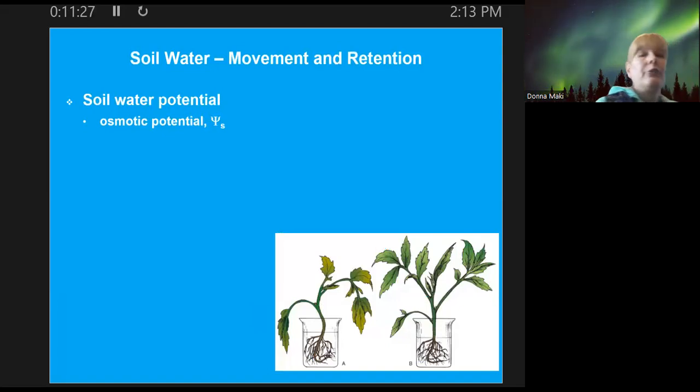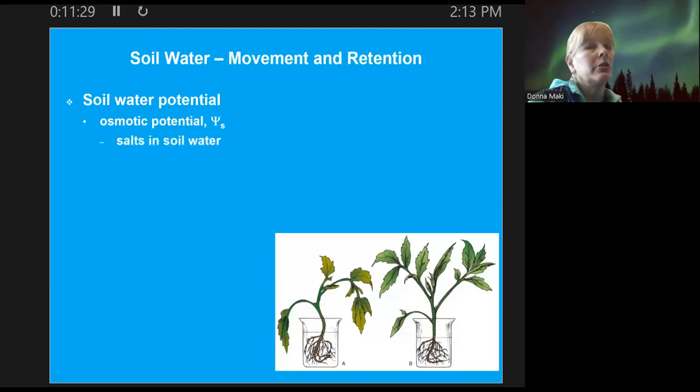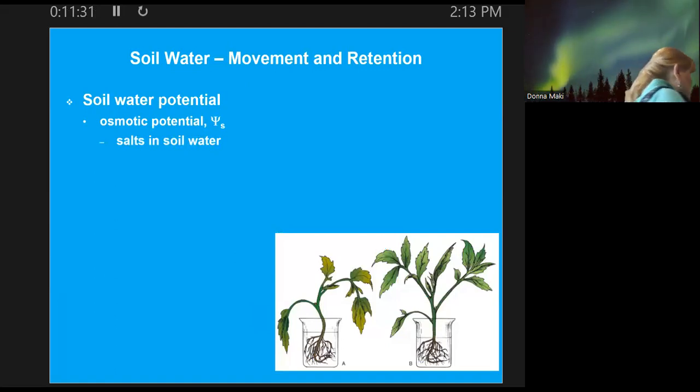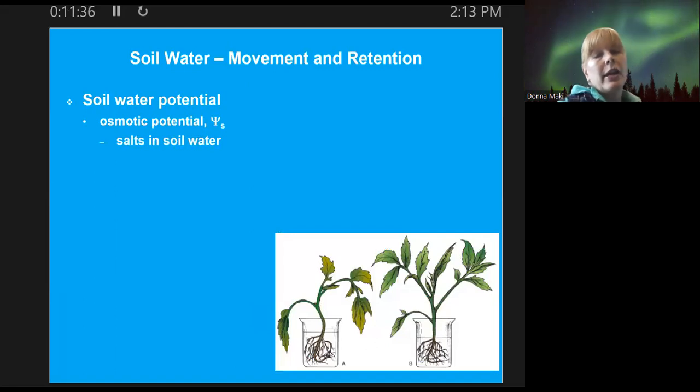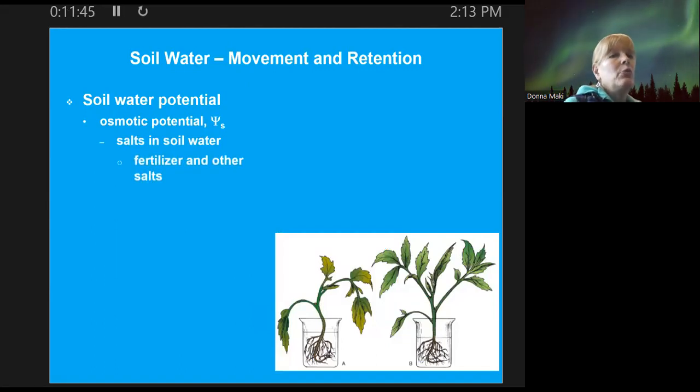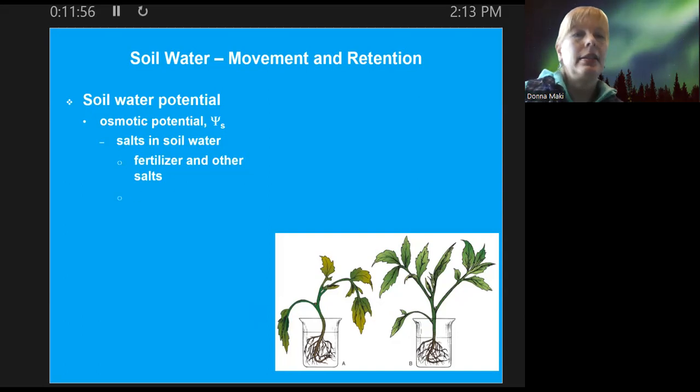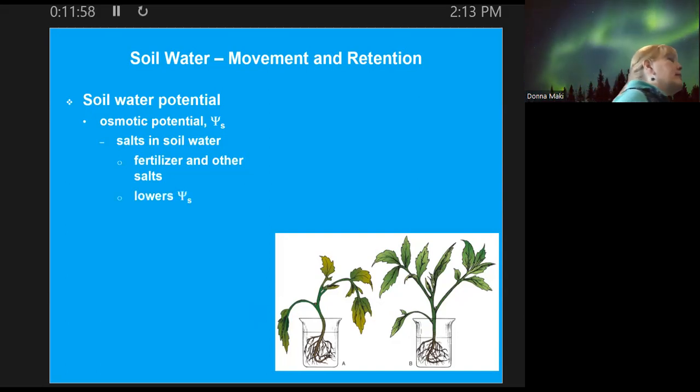Now you have lots of fertilizer, inorganic matter, chemicals. They just tend to call those salts. So the inorganic fertilizer salts build up in the soil. And anytime you dissolve anything into pure water, it lowers your psi sub s value.